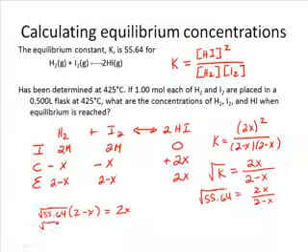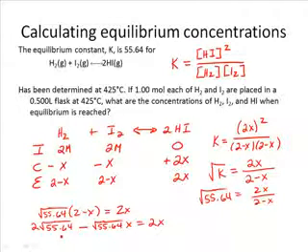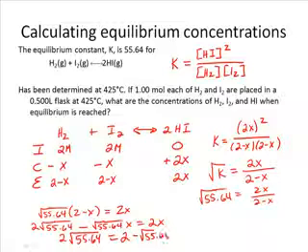So the square root of 55.64 times 2 minus the square root of 55.64 times X is equal to, distributing that through, 2 times the square root of 55.64 minus the square root of 55.64 X equals 2X, and that's going to be a plus that, and then times X. And so let's see what we get with that.